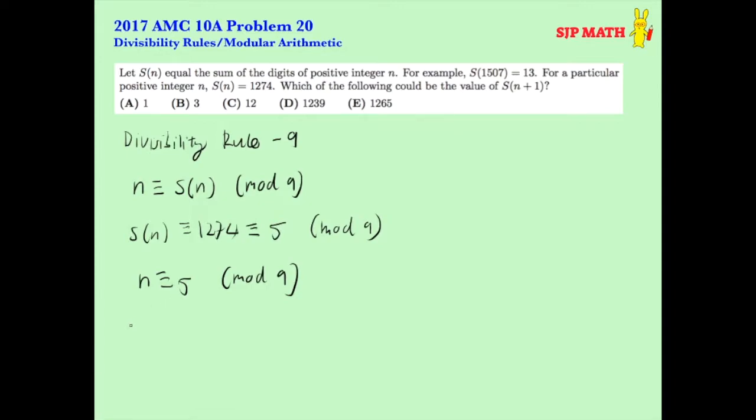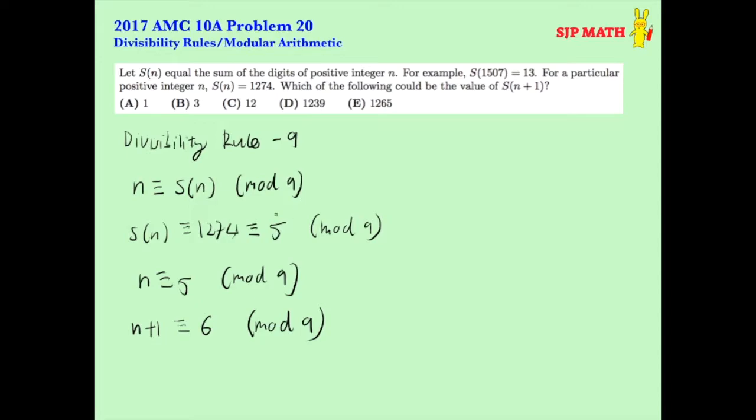So n plus 1 will be congruent to, you know how in modular arithmetic you can add values on both sides of the equation. If I add 1 on this side, I have to add 1 on this side. So 5 plus 1 is 6. So n plus 1 is congruent to 6 mod 9.